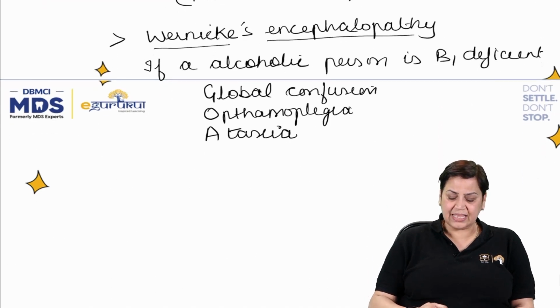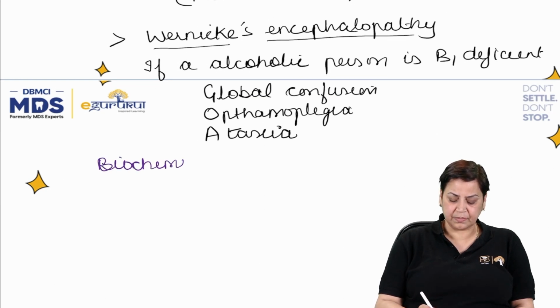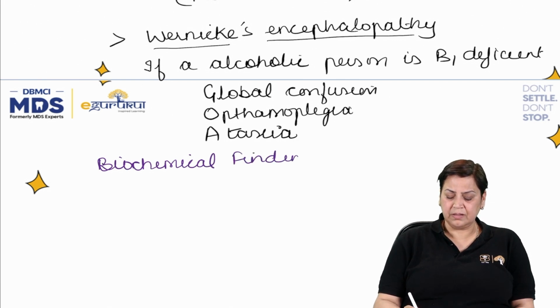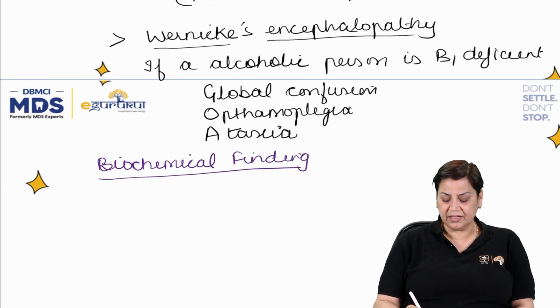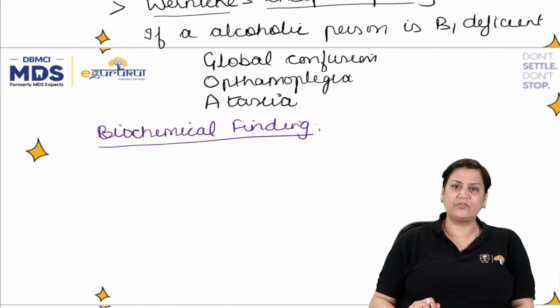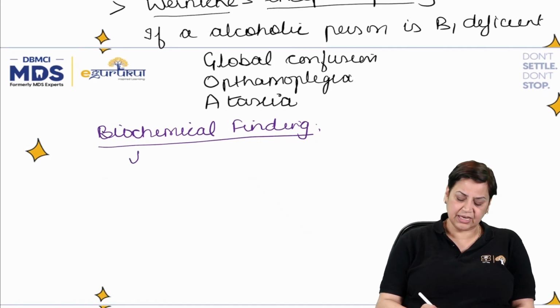And what is the laboratory or biochemical finding? One thing, we can check the presence of thiamine in urine, the urinary thiamine excretion.